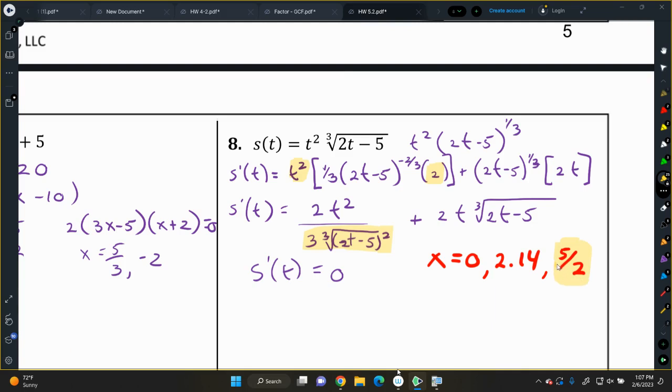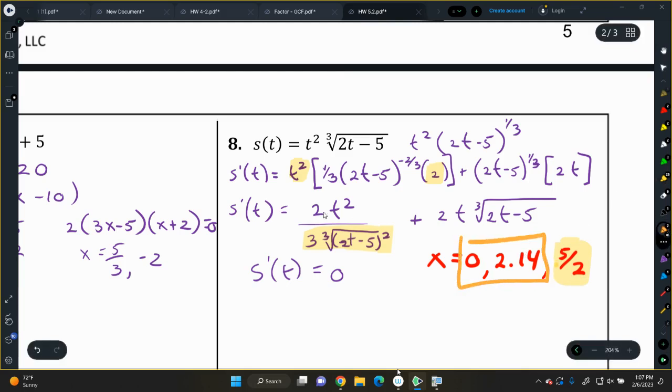That's where it's undefined, right? These two values here came from where the derivative was equal to 0. And we had to use our calculator to help us with those two because that was a rough one. Oh, so the 0 and the 2.14, those are zeros of the derivative. And then the 5 over 2 is just undefined.